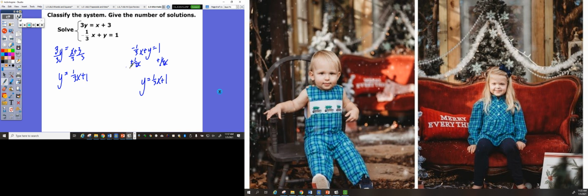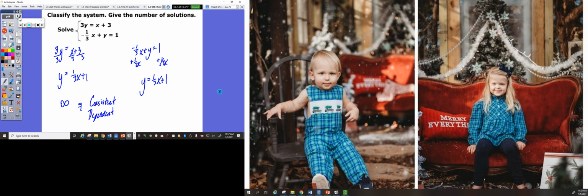So I have the same equation, which means I have an infinite number of solutions. I'm going to classify this as consistent because it has a solution, and dependent because there's an infinite number of them. This is sufficient for the explanation if you did it this way.